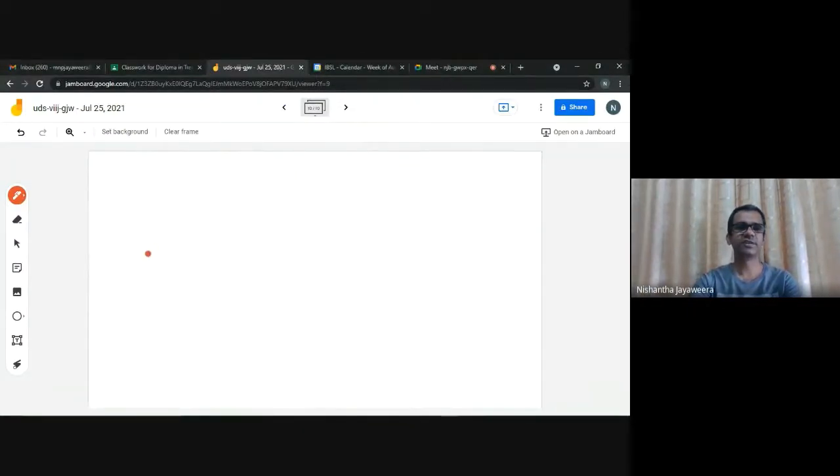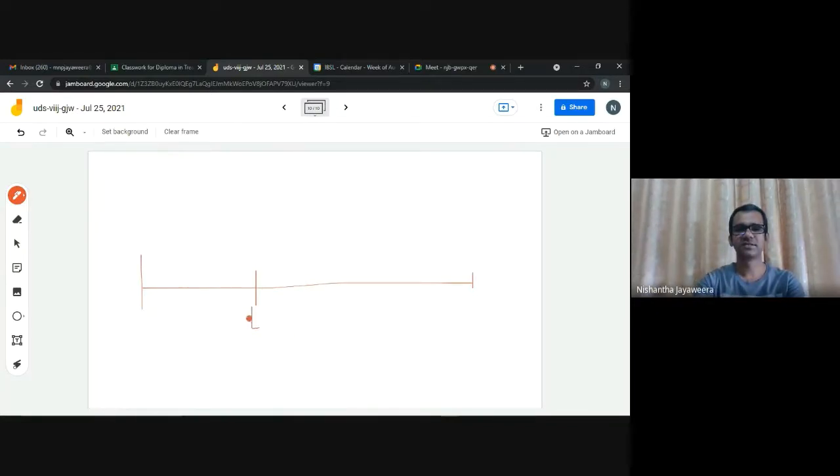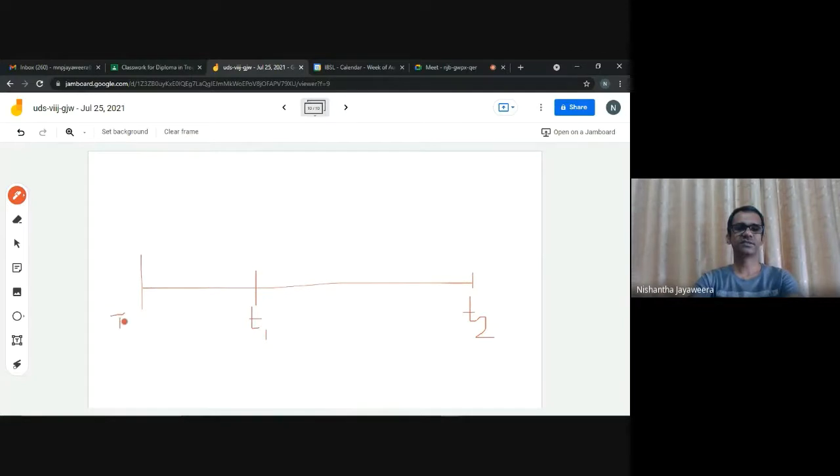Again, I'll explain it on this. Whatever the period, I put it as T1 and T2. This is T equals 0.